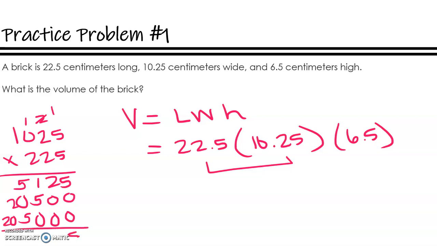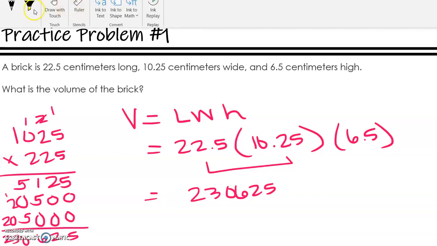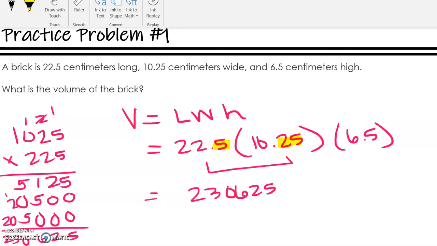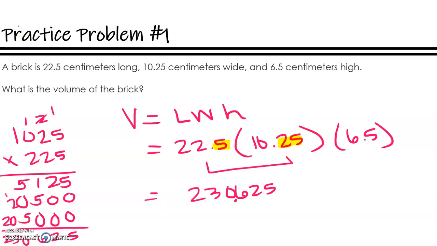And now I add everything up. And I have these digits here, but I have to consider that in the problem, 1, 2, 3 numbers are behind the decimal. So in the answer, there should be 3 numbers behind my decimal. I'll multiply that now by 6.5.